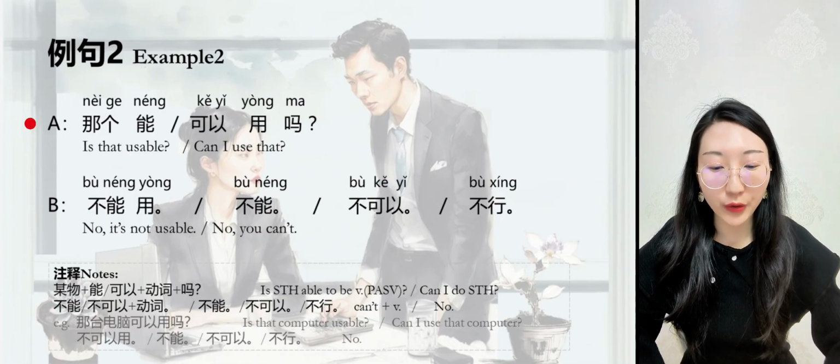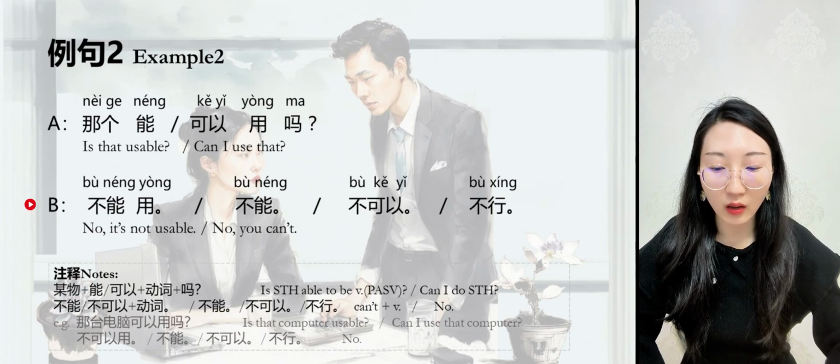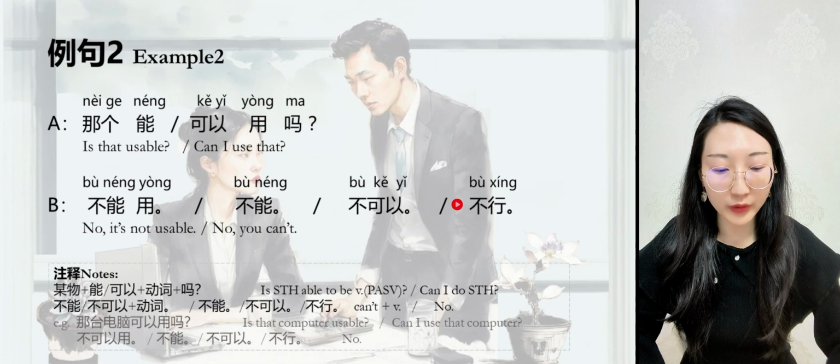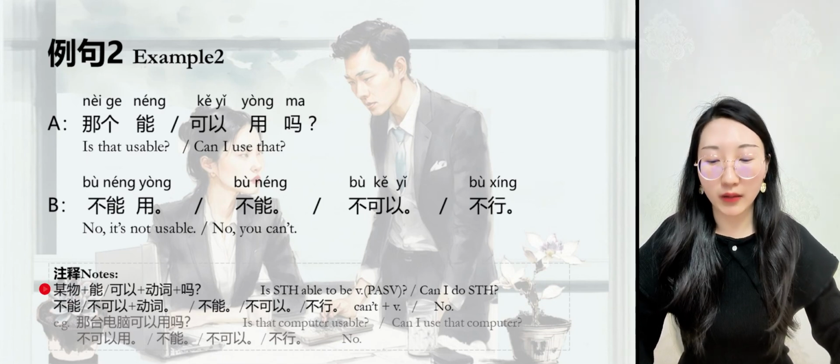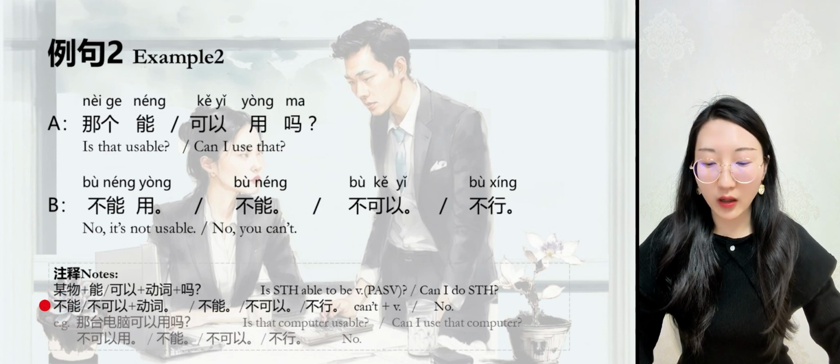Next example, you can read after me now. 那个能用吗? 那个可以用吗? 不能用,不能,不可以,不行。So the structure of the question sentence is still the same, and as for the negative answer, it's 不能 or 不可以, can't, and 动词 verb.